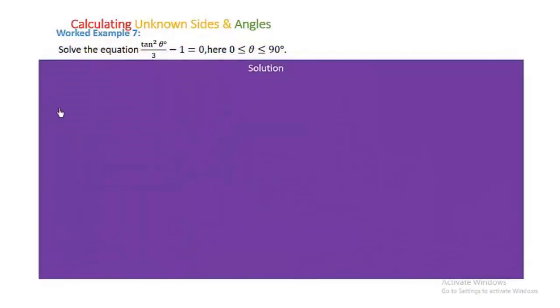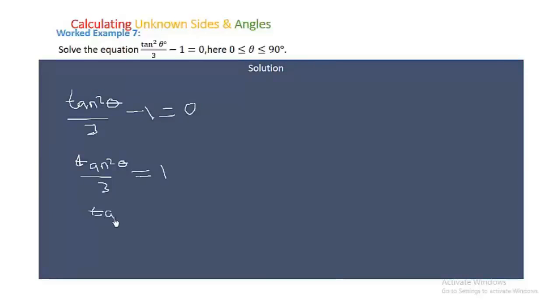So we are solving the equation tan squared theta over 3 minus 1 is equal to 0. So we group like terms to obtain tan squared theta over 3 is equal to 1. Then we create a fraction to obtain tan squared theta is equal to 3.